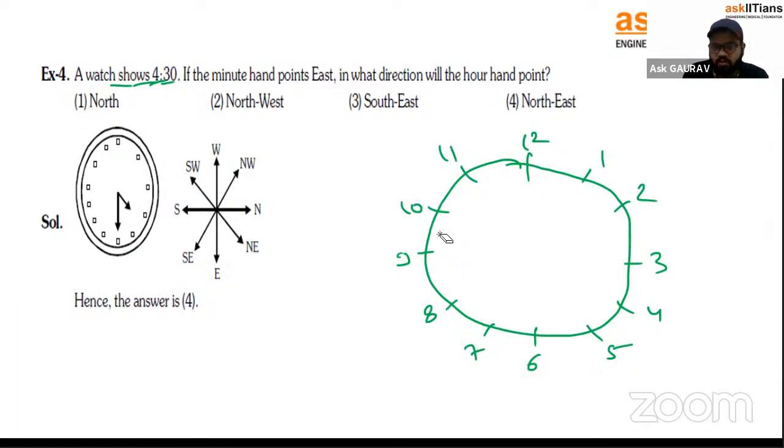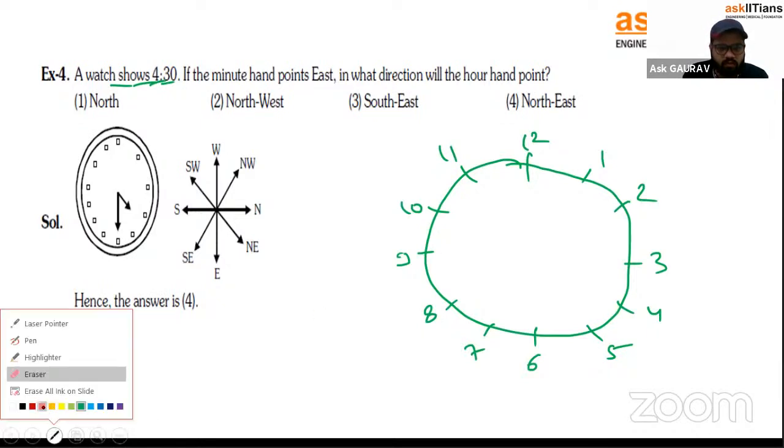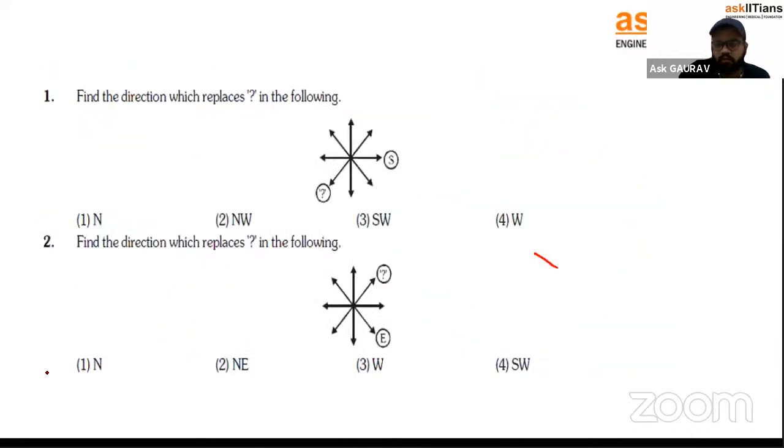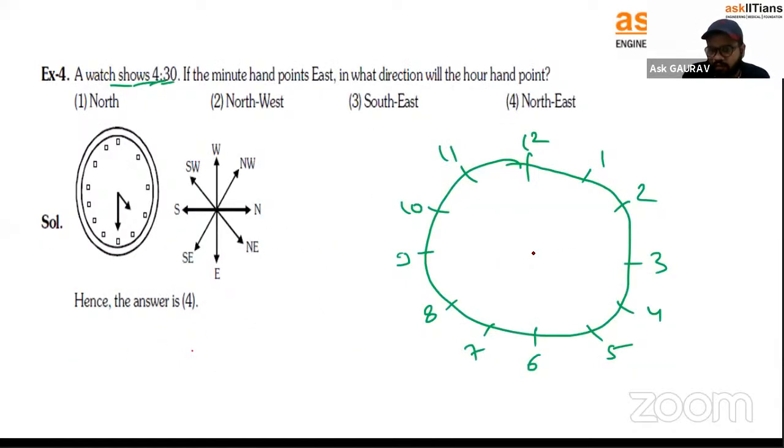A watch shows 4:30. How does it show 4:30? The hour hand will be at 4 and the minute hand will be at 6.